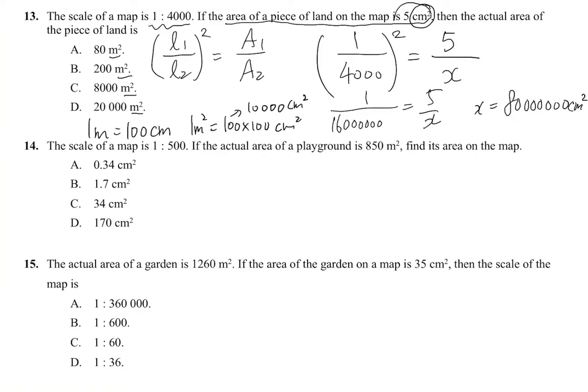Why is that? Because 1 m² is 1 meter times 1 meter, and each meter is 100 cm, so it's 100 times 100, which is 10,000. That means I have to remove 4 zeros from my answer for X to convert from cm² to m². Take away 4 zeros, 1, 2, 3, 4, so it's actually 8,000 m², and in that case the answer is C.